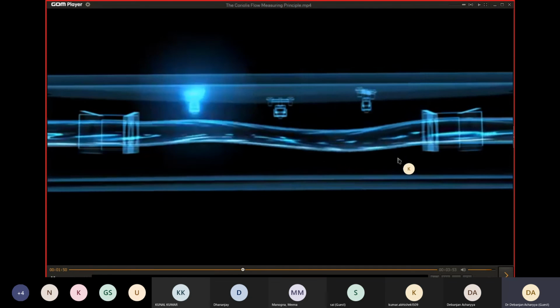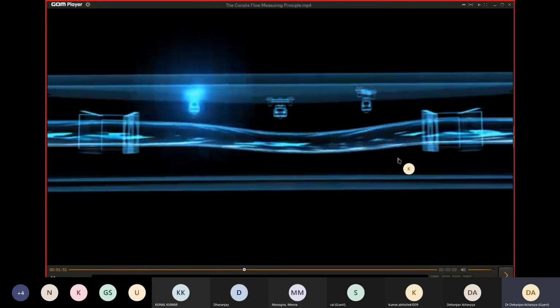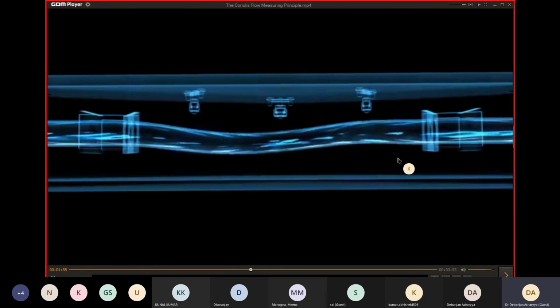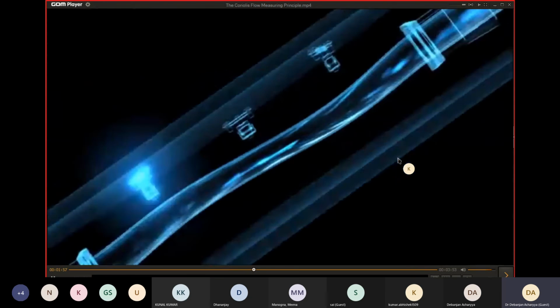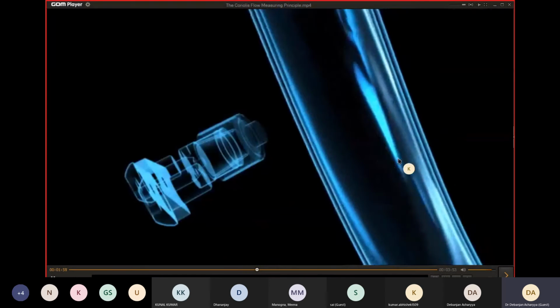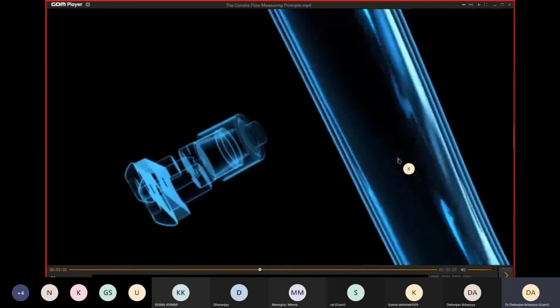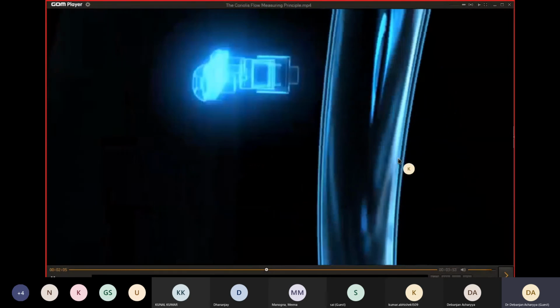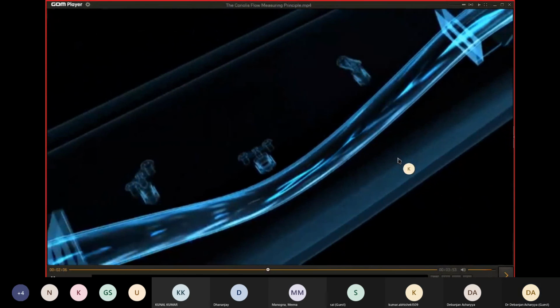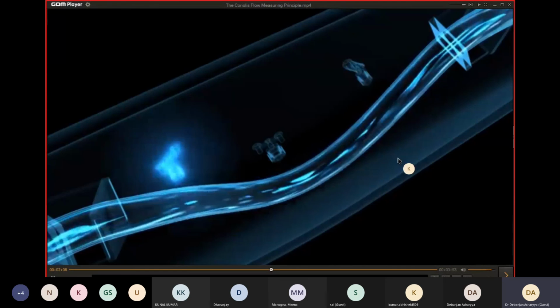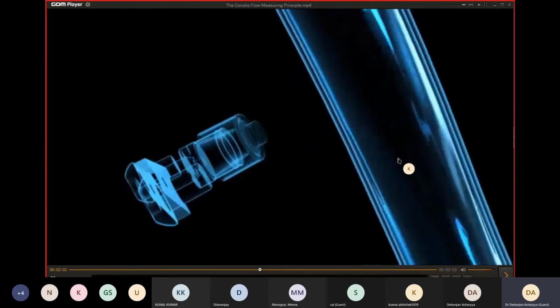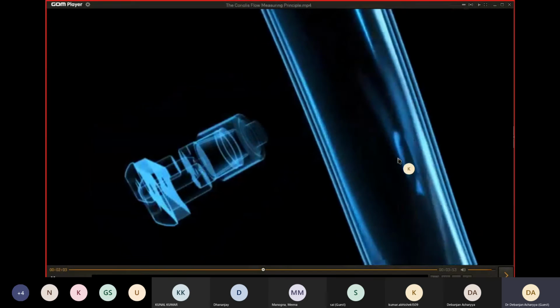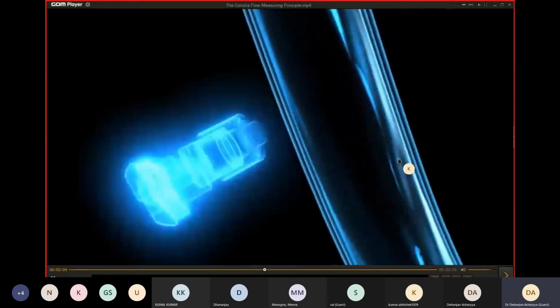Now, due to the Coriolis effect, the inlet and outlet sections of the tube oscillate in different directions at the same time. The highly sensitive sensors pick up this change in the tube oscillation in terms of time and space.